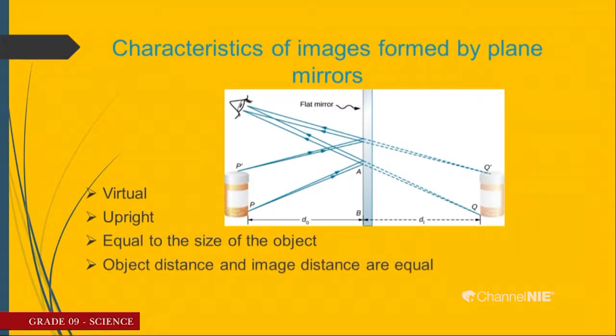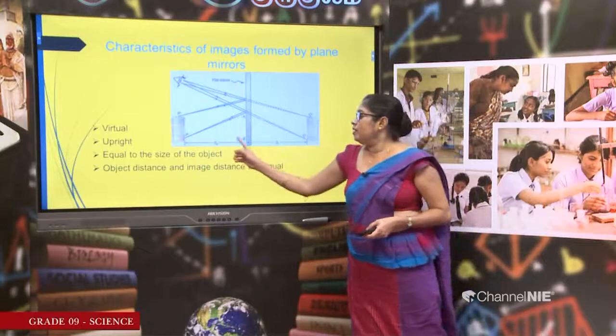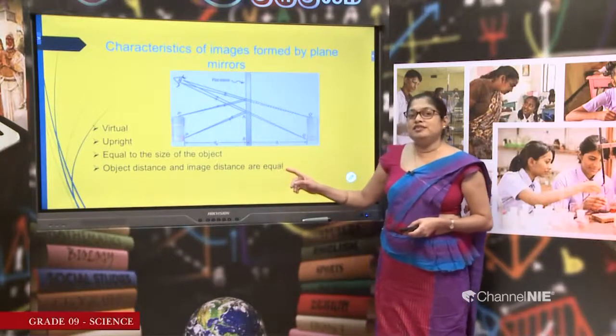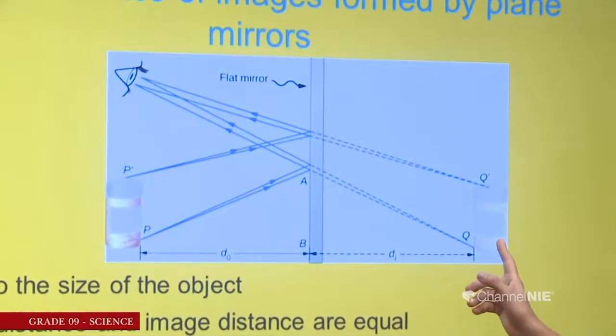And also the object distance and image distance are equal. Object distance is the distance between the object and the plane mirror. Image distance is the distance between the plane mirror and the image.